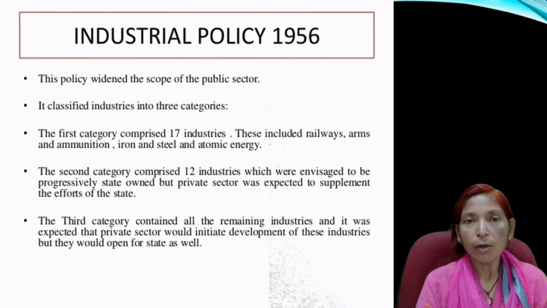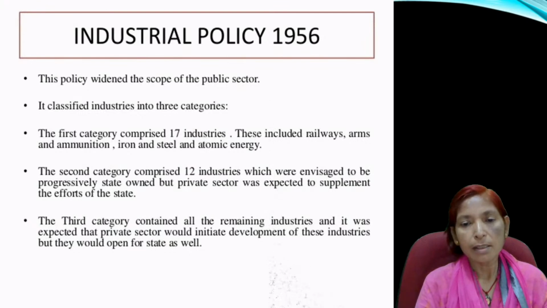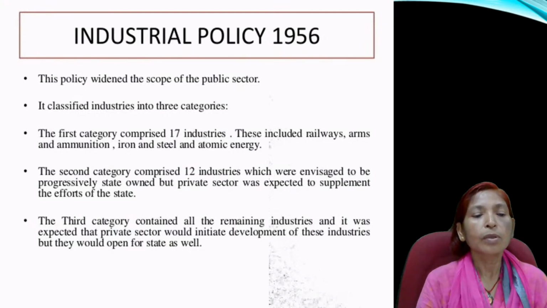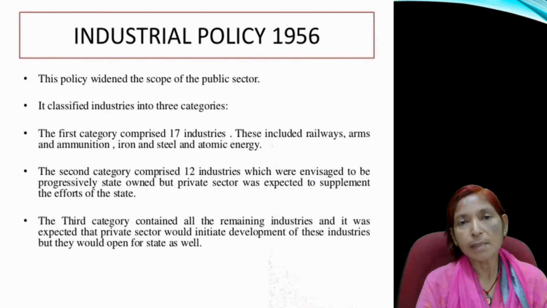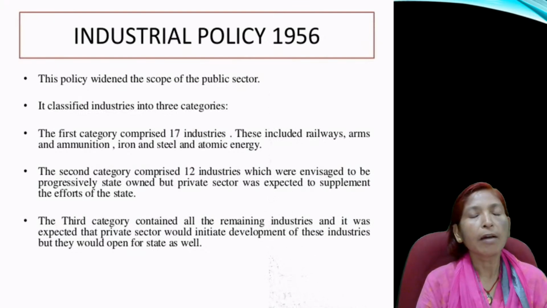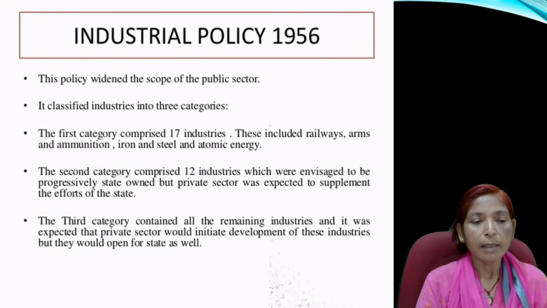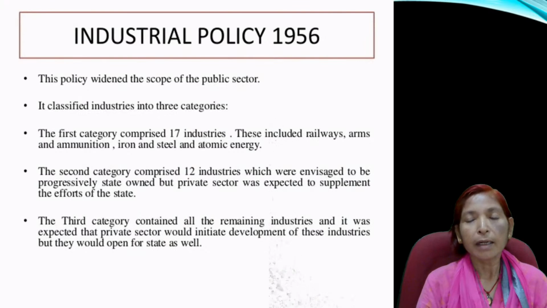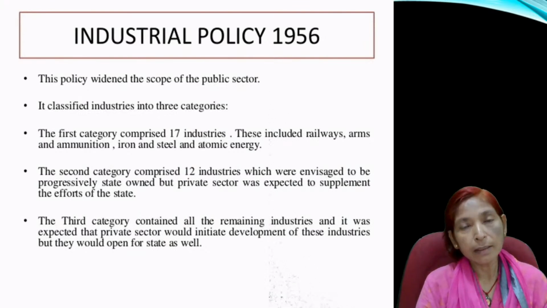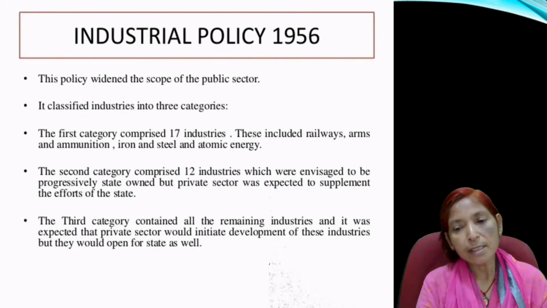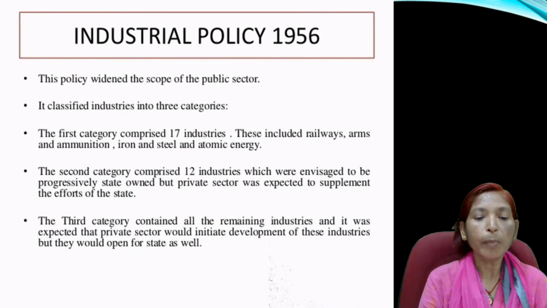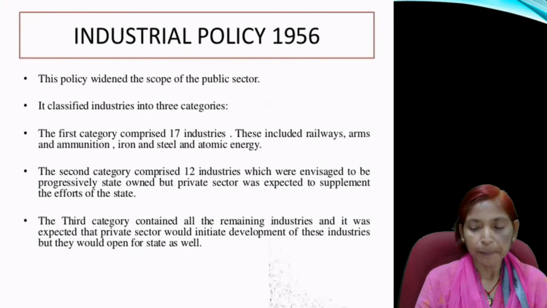The second category comprised 12 industries which were envisaged to be progressively state-owned, but the private sector was expected to supplement the efforts of the state. And the remaining industries were kept in the third category, which contained all the remaining industries, and it was expected that the private sector would initiate development of these industries, but they would be open to the state as well.